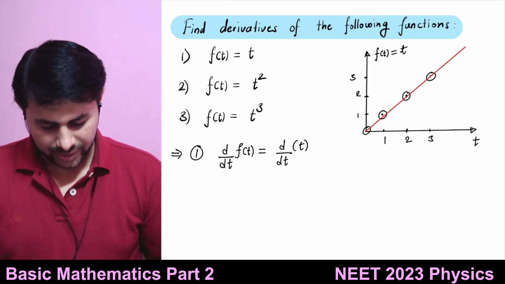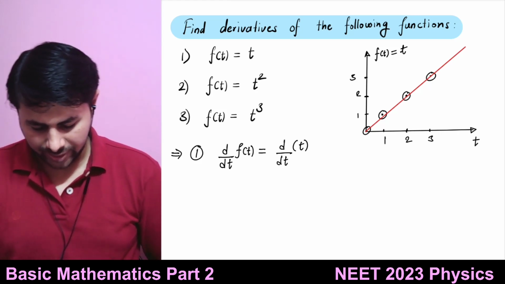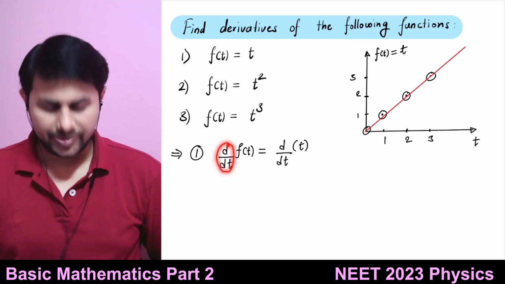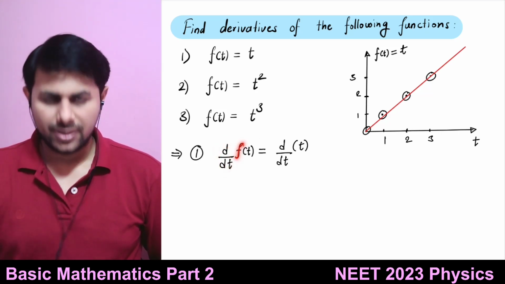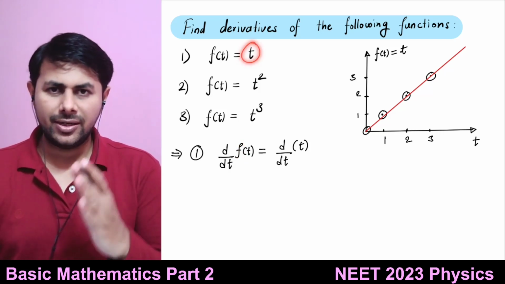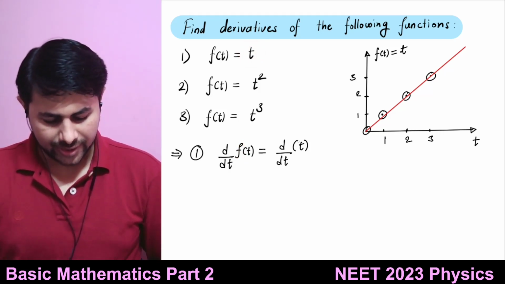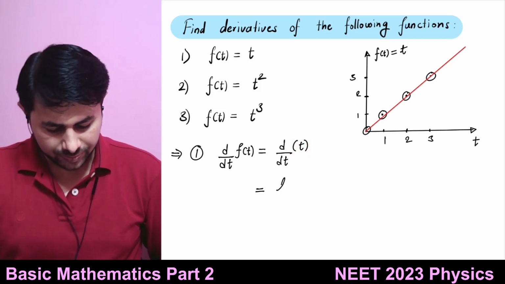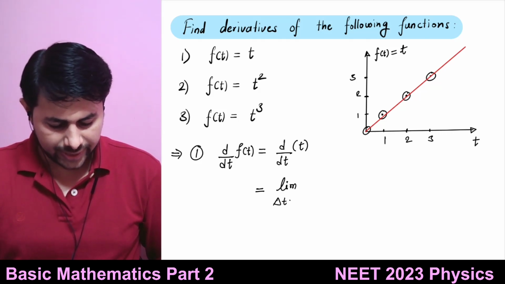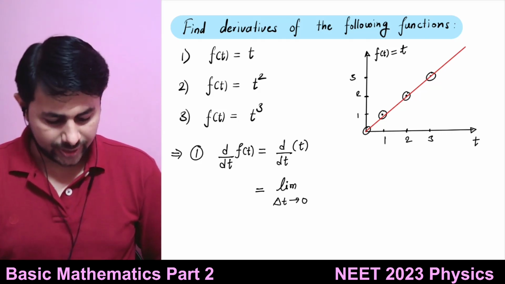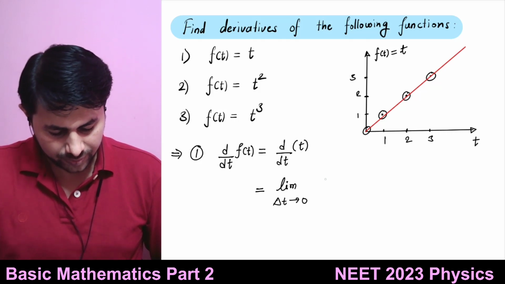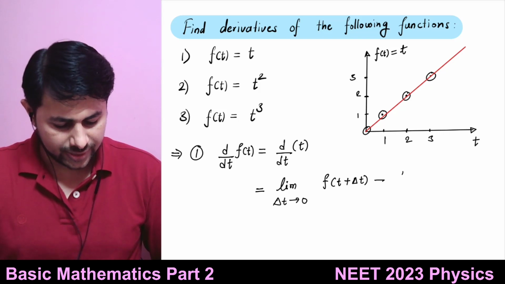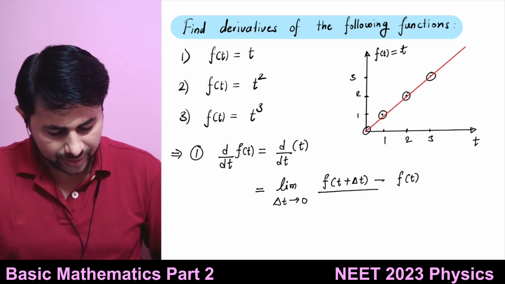Okay, see how this works. This is our problem. We want to find d by dt, that means the derivative of f of t, and as an example we have taken f of t equals t. So we have to find d by dt of t. This is equal to limit delta t tends to 0, our first principle: f of t plus delta t minus f of t divided by delta t.